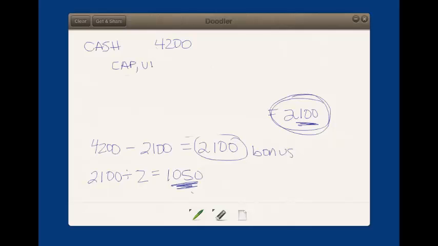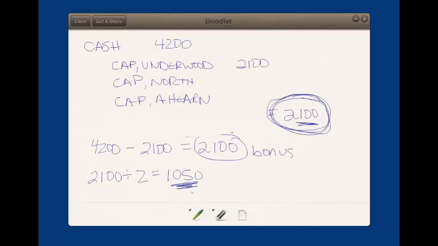So we have capital Underwood, capital North, and we have the capital account for Ahern. And all these need to be credited. Okay, so Underwood purchased a 1/3 interest that we determined was $2,100. So we're going to credit Underwood's account for $2,100.